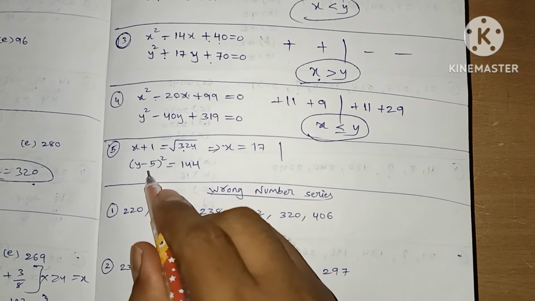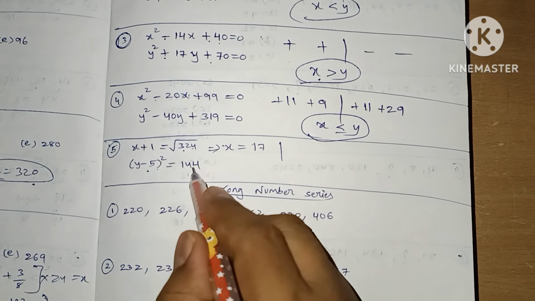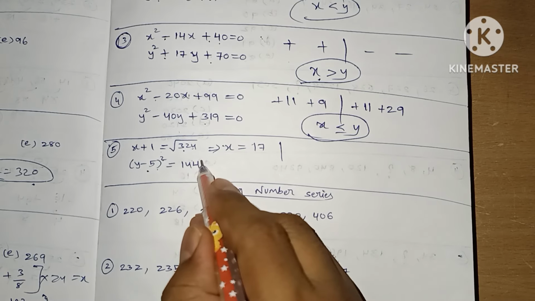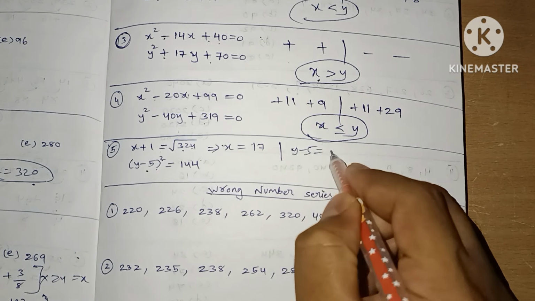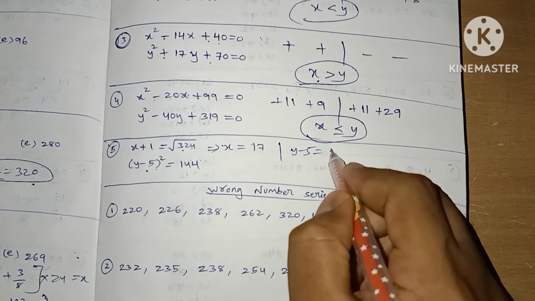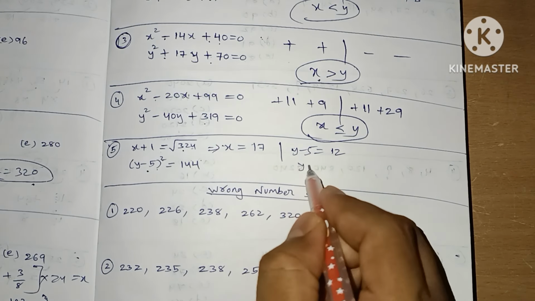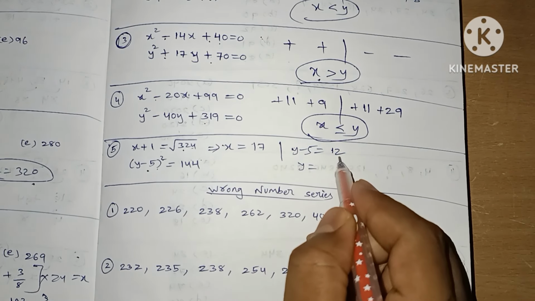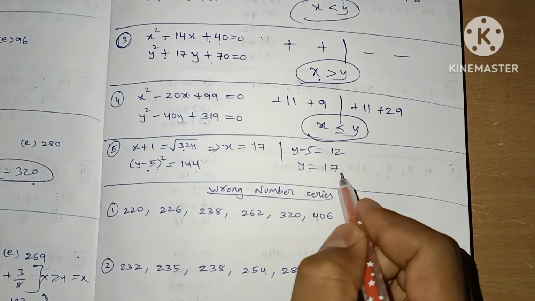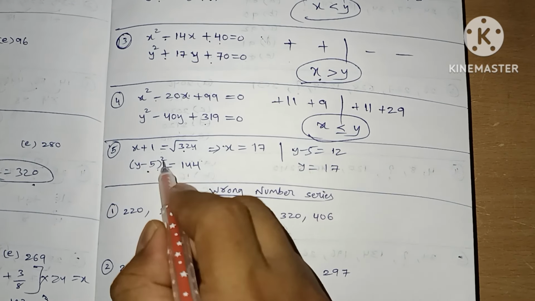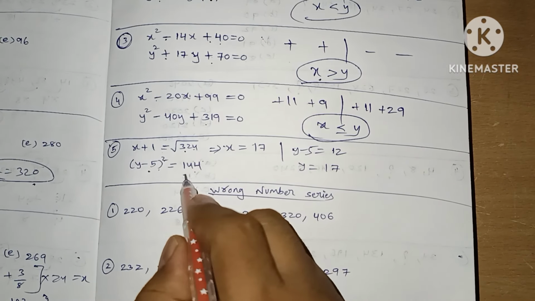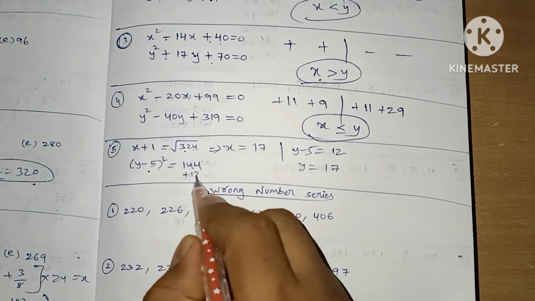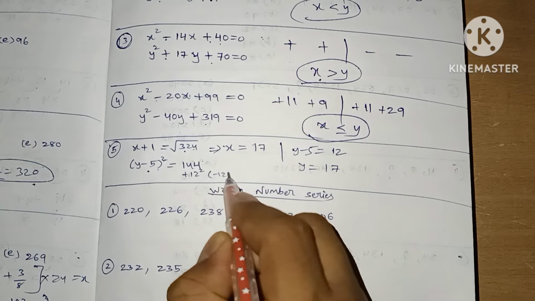Okay, here y minus 5 whole square equals to 144. This square comes this side with the root over. Y minus 5 equals to root over 144 which is 12. So y equals to 5 plus 12 which is 17. Wait a second, here it is whole power square. So we can write this 12 as plus 12 square or minus 12 square.